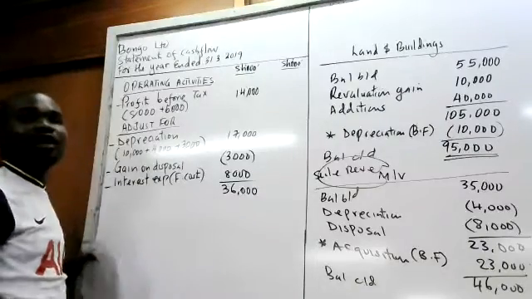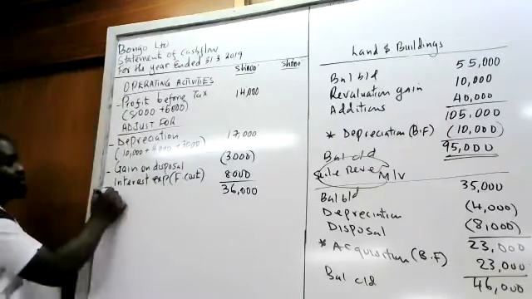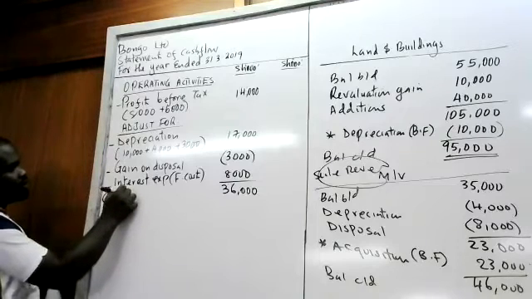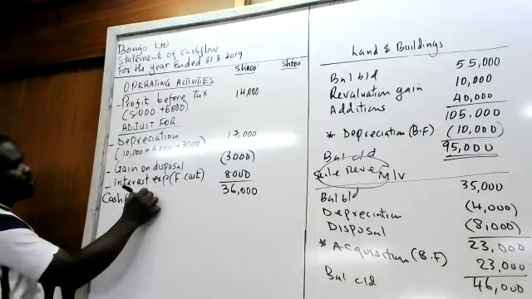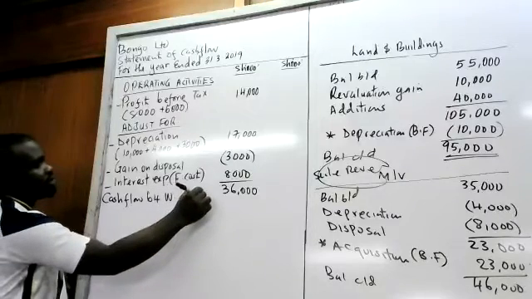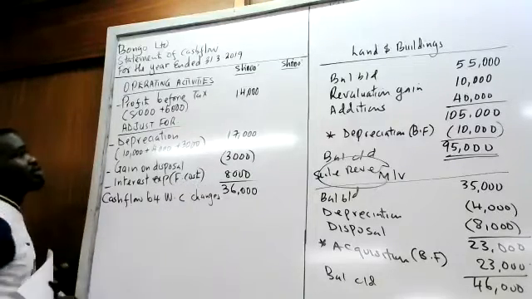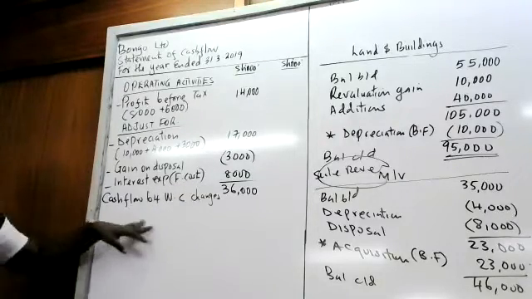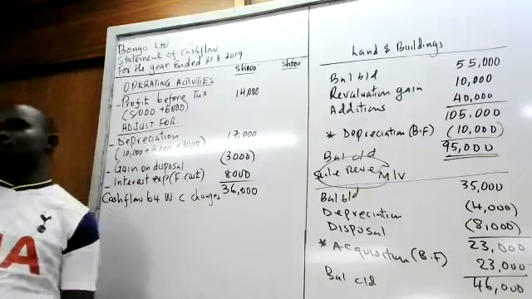Cash flow before working capital changes. So cash flow before working capital changes is 36.